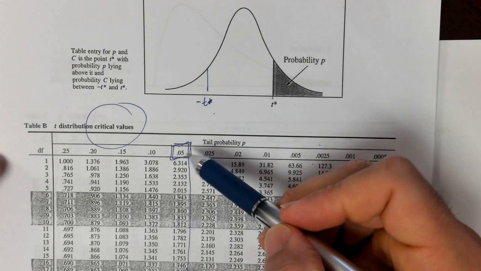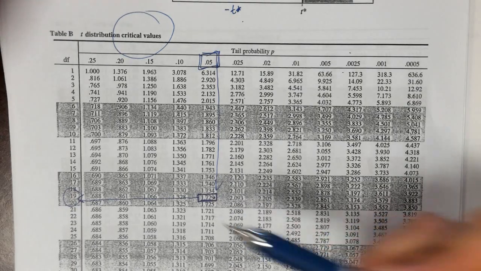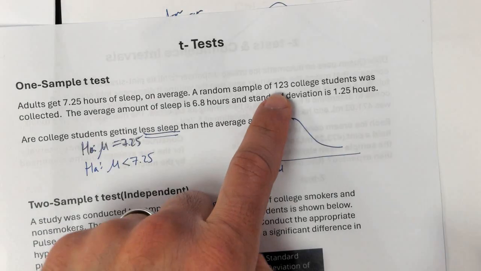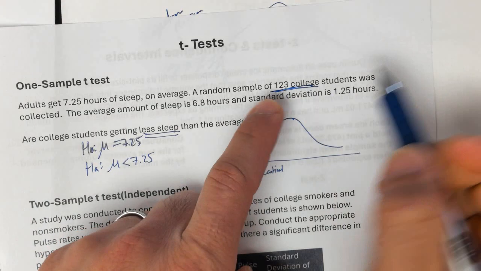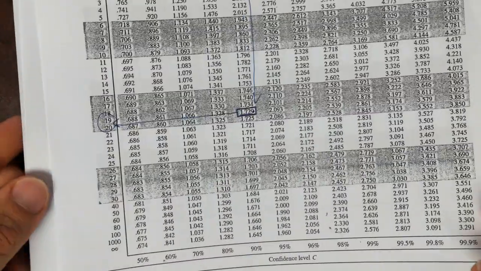We look at your alpha and find your degrees of freedom. Here it would be like 1.729. Well, in this scenario, there are 123 students, so your sample is 123 and your degrees of freedom would be 122.